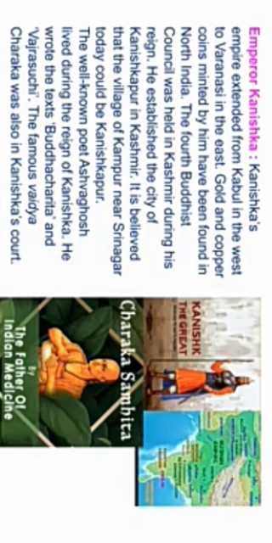During the reign of Emperor Kanishka, the fourth Buddhist council was held in Kashmir. It is also believed that the village of Kanpur near the city of Srinagar today was earlier called the village of Kanishkapur.